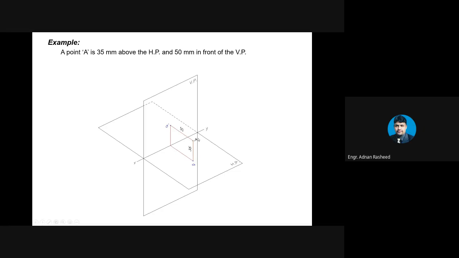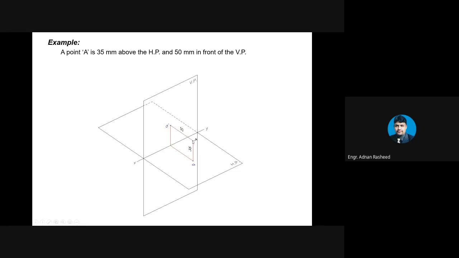You know that this point is 35 millimeter above the horizontal plane and 50 millimeter in front of vertical plane. So the first thing you must understand is where this point lies. It is 35 millimeter above the horizontal plane and 50 millimeter in front, so it lies in the first quadrant.